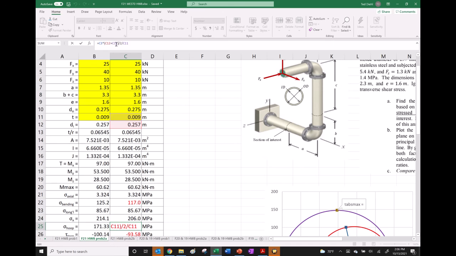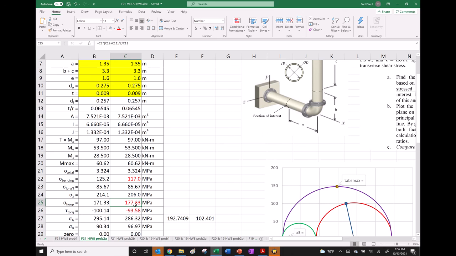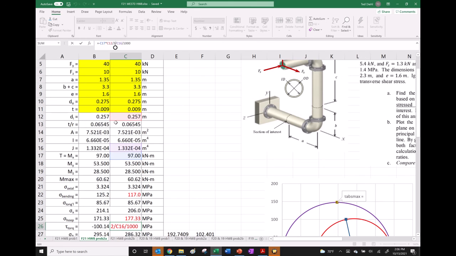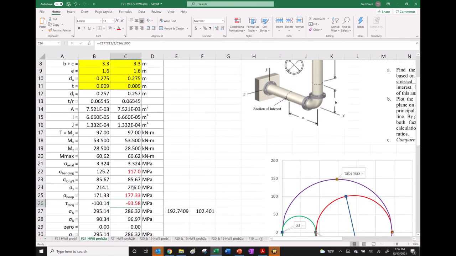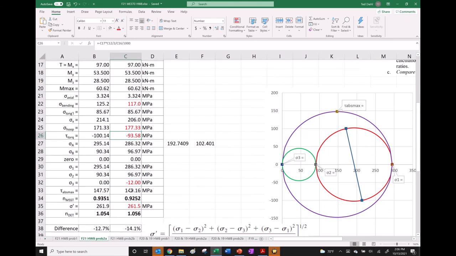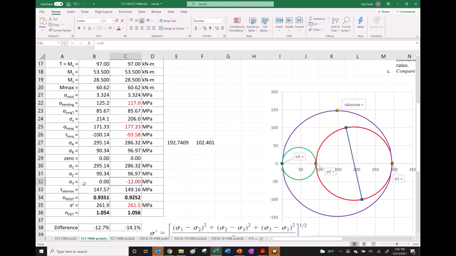I use DI plus T. So the hoop on the inside surface is larger, but only about 6 megapascals larger. The torque is going to be less because it too uses the inside diameter for the radius in the TR over J. The last thing that's different is that the third principal stress is going to be -12.